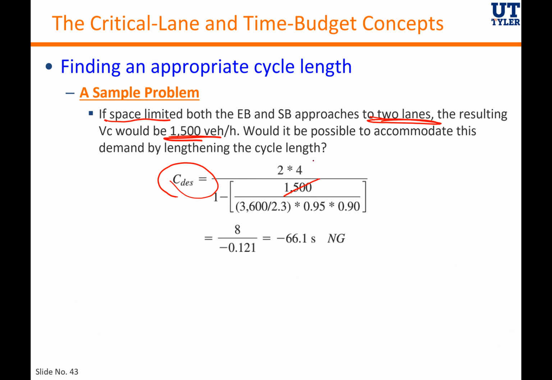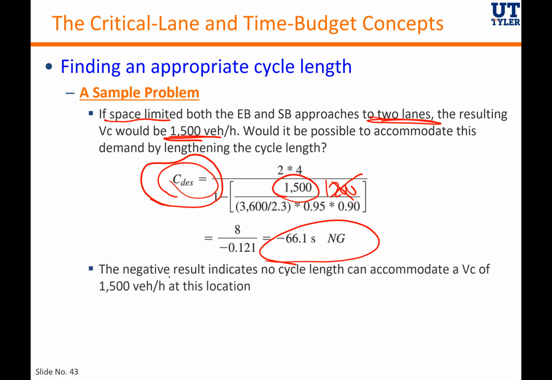It's not 1200 anymore, it's 1500. What happens? You have negative 66.1 seconds. What does that mean again? Once you see a negative from the desirable cycle length equation, that means you can't have 2 lanes.